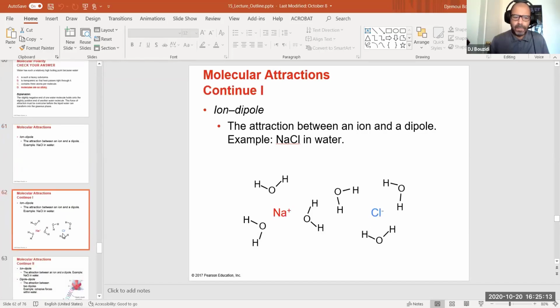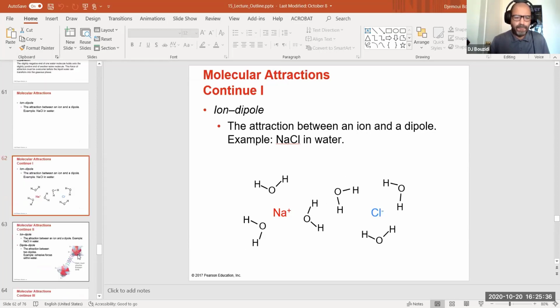So in this case, the sodium will be facing the oxygen part of the water because the water itself has this dipolar structure, whereas the chlorine has a negative charge because it's an ion, and it's going to be attracted toward the hydrogen part. So if you ever put salt in water, this is what's going on inside of it.